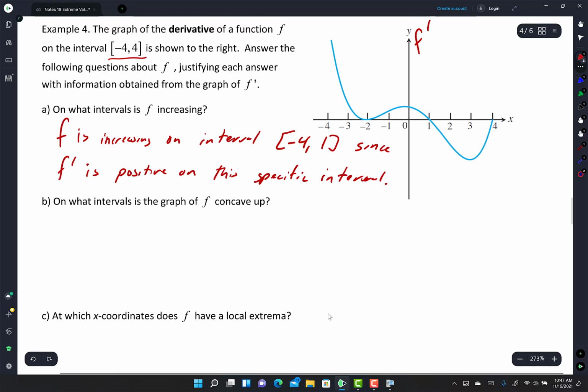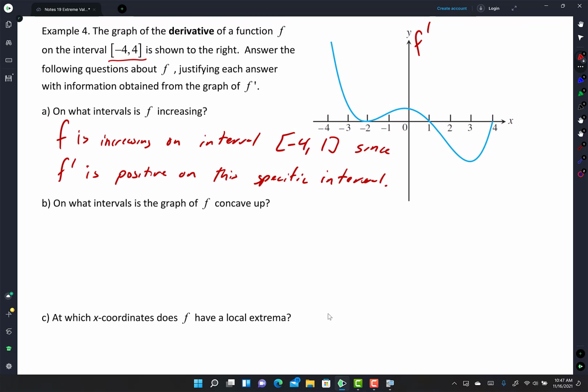When f prime is increasing. Perfect. Where is f prime increasing? There's two intervals. -2 to 0, and then 3 to 4. Perfect. F is concave up when f prime is increasing.